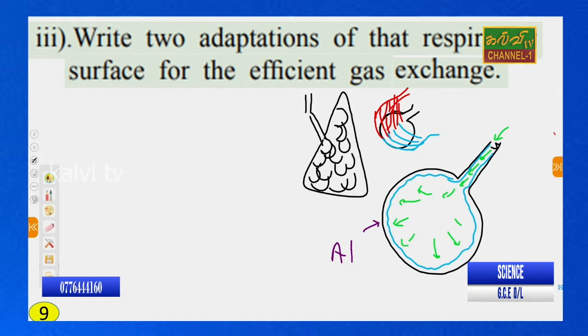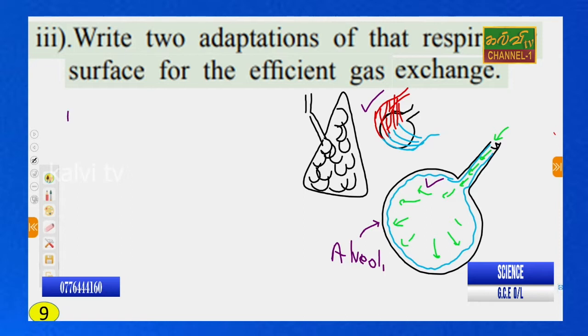This is alveoli. Right? So we find that it is well vascularized and moist. Therefore, here is the adaptation of that respiratory surface for efficient gas exchange.